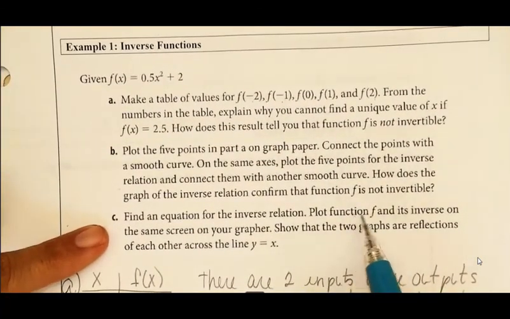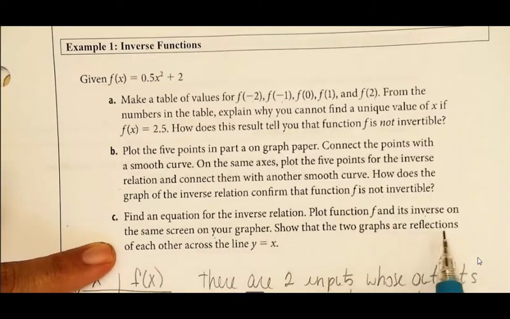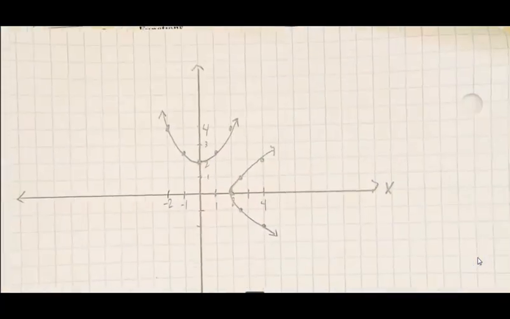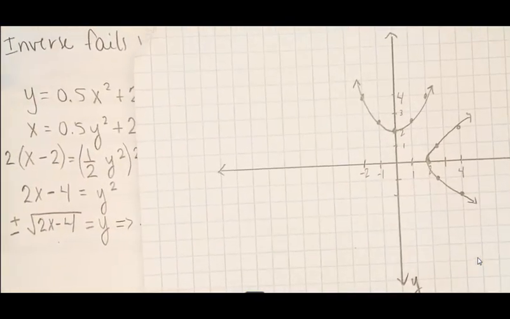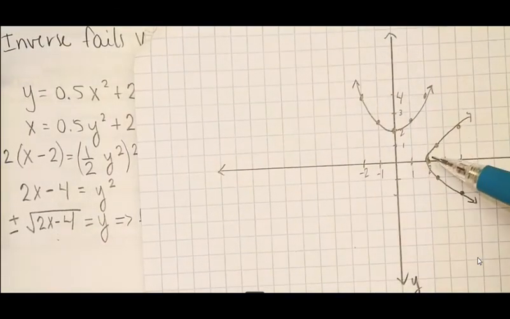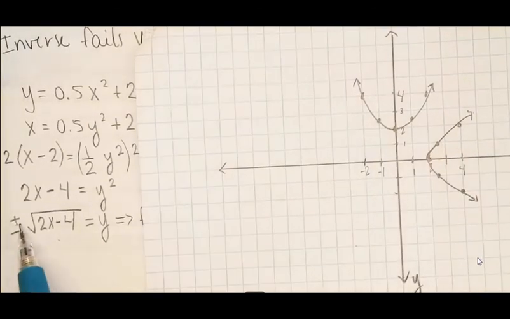We're going to plot function f and its inverse on the same screen on your grapher. Show that the two graphs are reflections of each other across the line y equals x. I mean, boy, I pretty much could do that right here. So before I go to my grapher, I'm going to show you guys that this relation right here, notice that it's not a function, but notice that it's got that positive output because of that plus the square root, right?